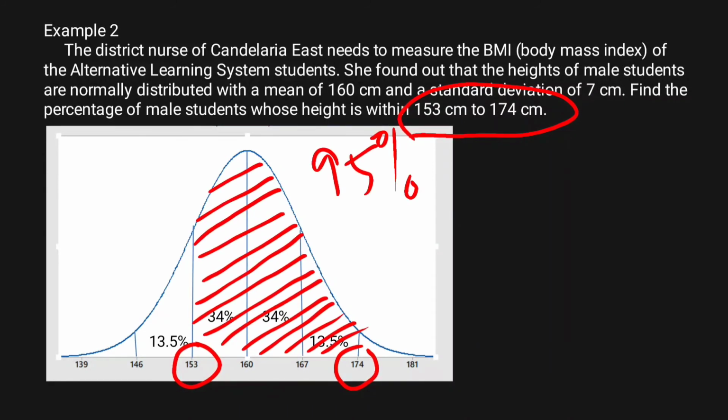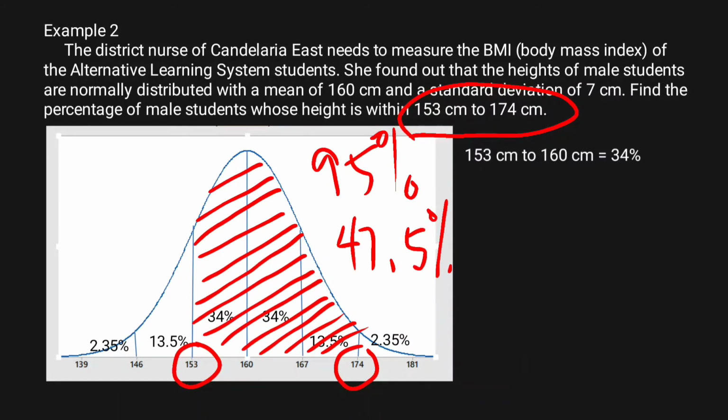Hinati sa dalawa, that is 47.5%, tas minus yung 34, kaya naging 13.5 and then 13.5. So, yung nasa 3 standard deviation, so 2.35% yun. So, para makuha yung area nung nasa gitna, i-add lang natin yung mga percentage na nandyan.